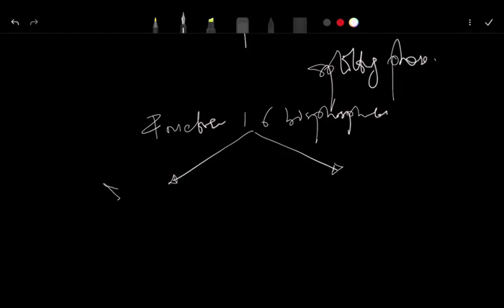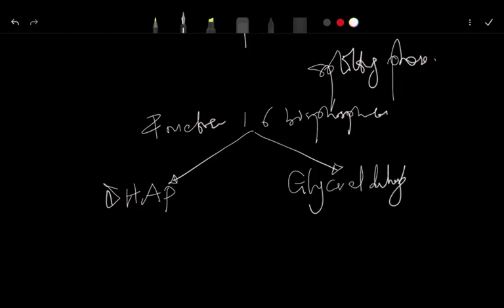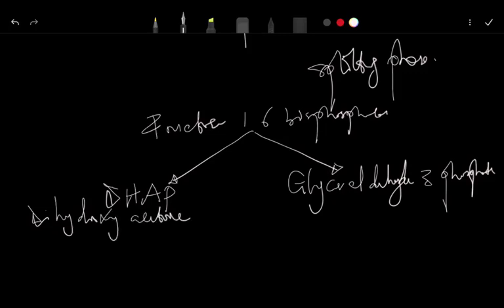One part we call dihydroxyacetone phosphate. The other one we call glyceraldehyde 3-phosphate. Are you there with me? This one is called dihydroxyacetone phosphate, let me just spell it. While this other one is called glyceraldehyde 3-phosphate.